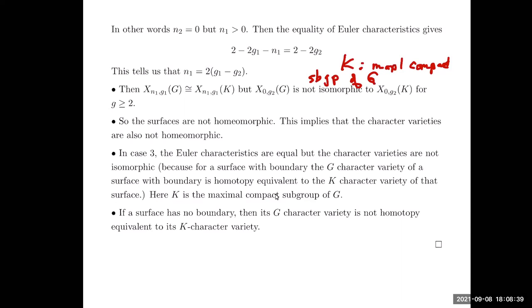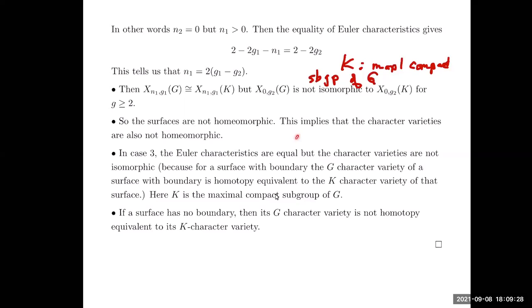So then the character variety with group G is isomorphic to the character variety with group K. But that's true for sigma 1, but for sigma 2, it is not true that those are equal. So the surfaces are not homeomorphic.